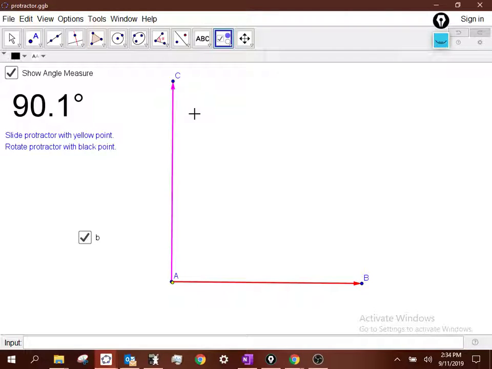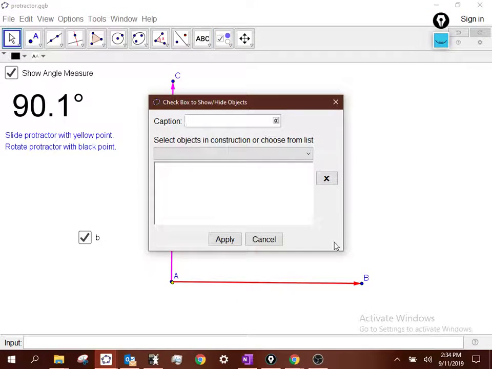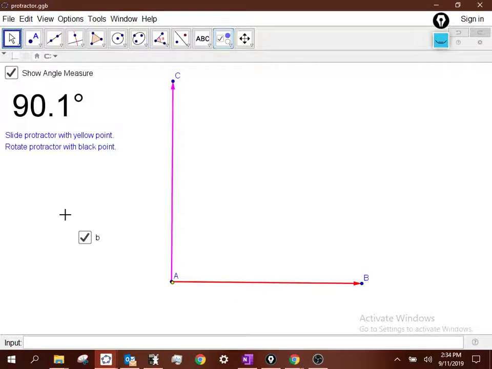So I'm going to look at this picture here. And if I draw that picture in front of you, it looks like a 90-degree angle. Would you guys agree with that?